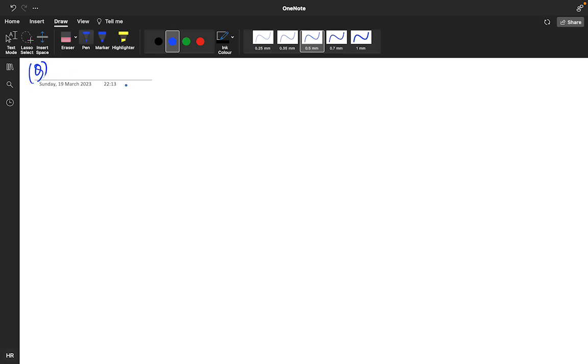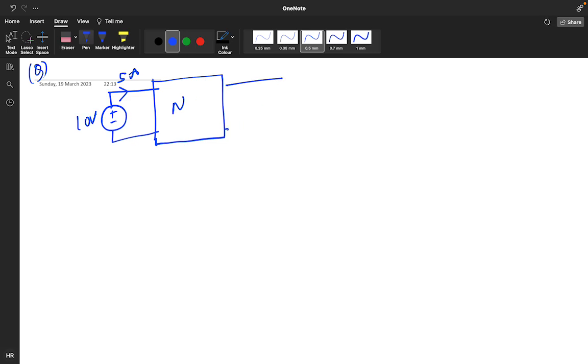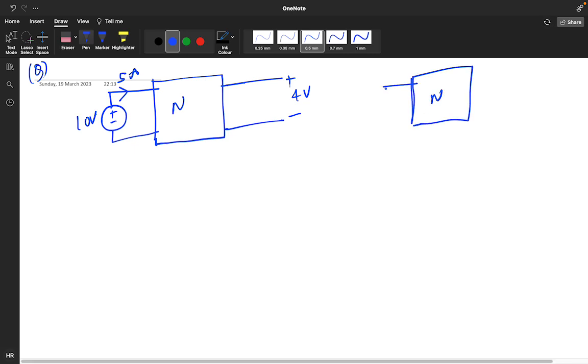Question is, you have a network. This is 5 ampere, this particular is positive, negative, 10 volt, and here it is given as positive, negative, it's open, and it's given 4 volt, and you have a network like this.